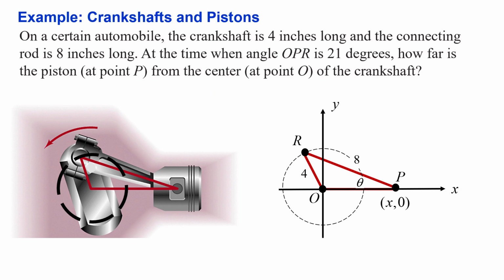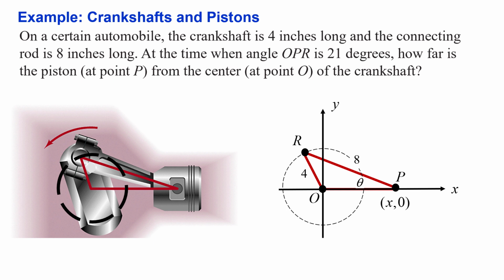We can draw a triangle on this diagram where the bottom leg represents the distance of the piston from the center of the crankshaft's circular rotation. On our diagram, that is line segment OP. A second leg of the triangle represents the connecting rod, line segment RP. The third leg represents the radius of the circular motion, line segment OR.